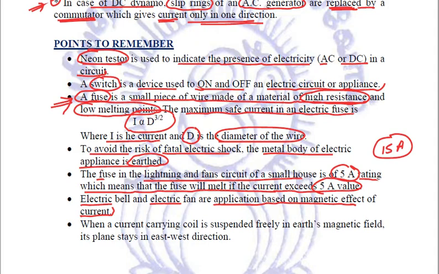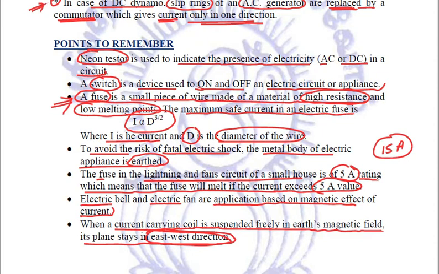But when a current carrying coil is suspended freely in Earth's magnetic field, its plane stays in the east-west direction. Fine. So these are a few points that we needed to remember, and this is all about our chapter, magnetic effects of electric current. Quite an important chapter, with a lot of important things that we need to relate.